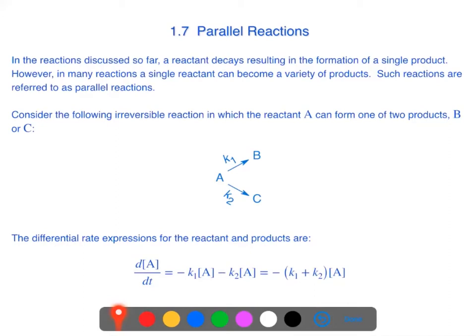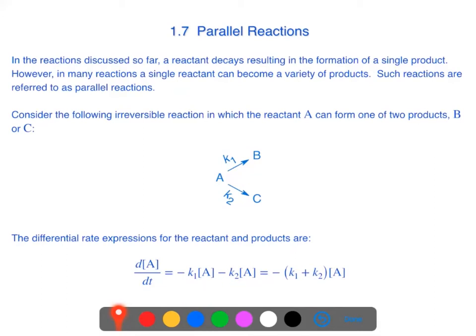So if we first look at the rate of formation of A, so we look at the change in the concentration of A with time, we can equate that to two terms, where A first decays to product B with a rate constant K1, and the decay of A to product C with a rate constant K2.